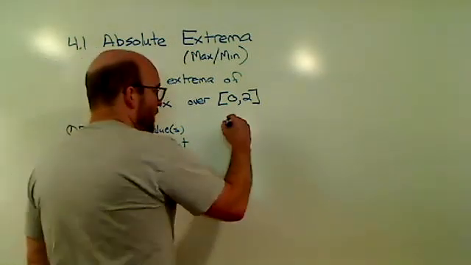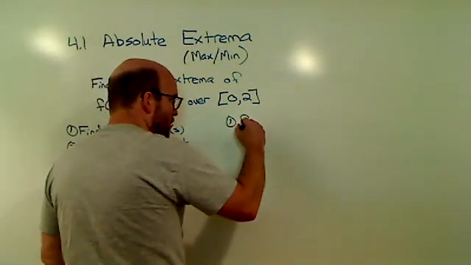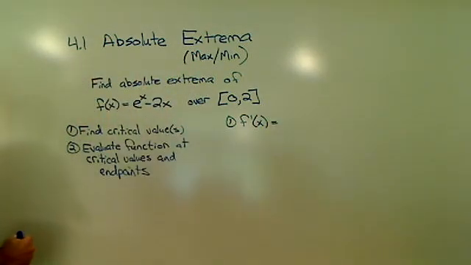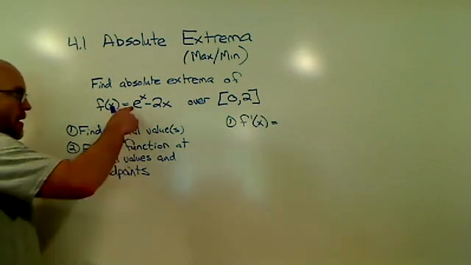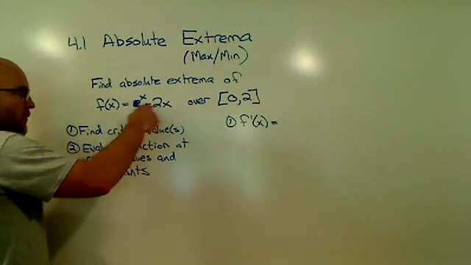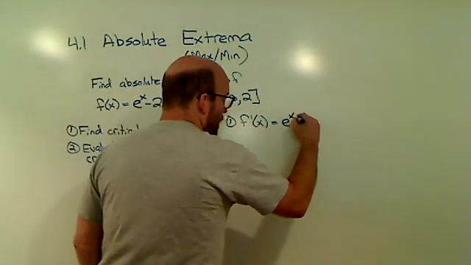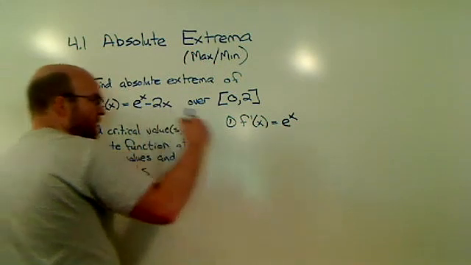So to find the critical values, we're again taking the derivative. And here, nothing crazy like some of the other examples that we had to do, but it's a relatively straightforward expression. The derivative of e to the x is itself. The derivative of 2x is 2.